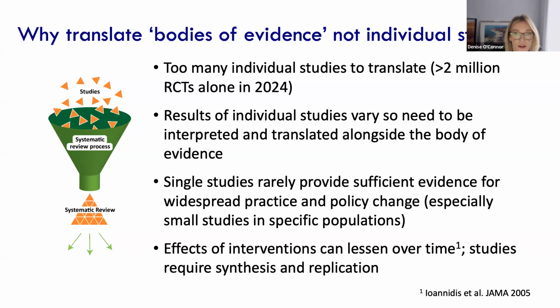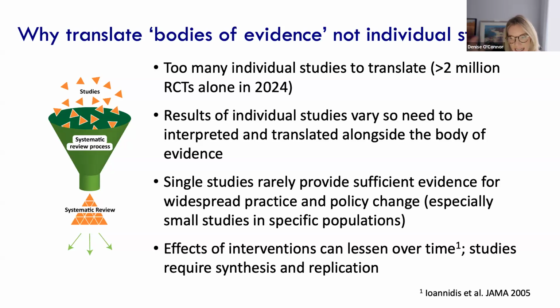We also know the results of those individual studies vary, and in some cases quite substantially. So each of them needs to be interpreted and translated in the context of a body of evidence. We also know that the effects of clinical interventions can lessen over time.